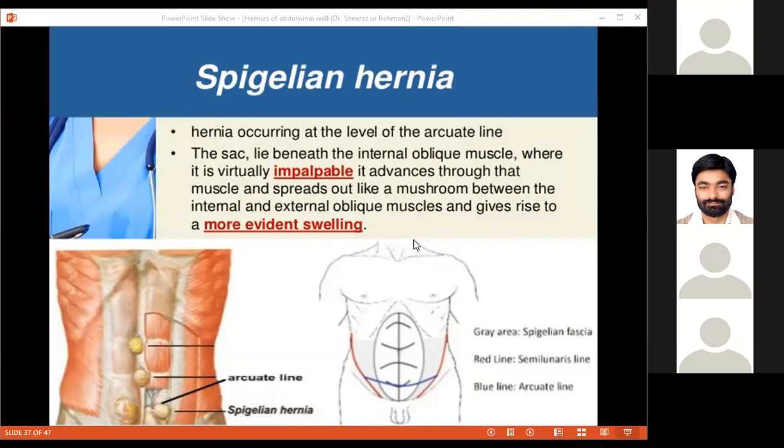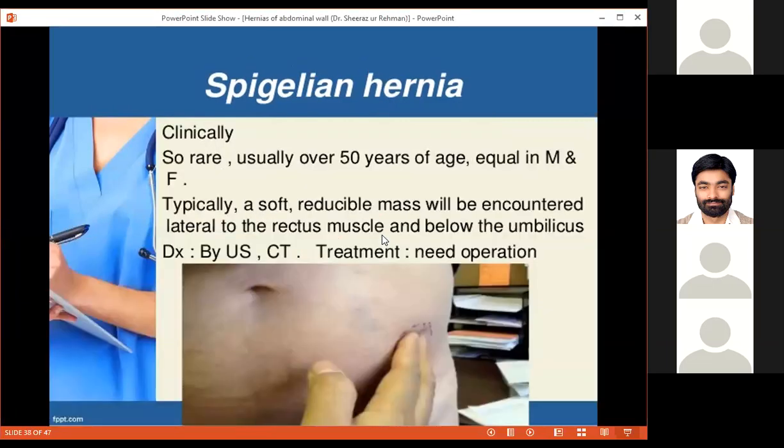So what happens if there is a hernia which forms at the lateral border of the arcuate line? It is called the Spigelian hernia. The Spigelian hernia is not very common, but you might come across one or two patients in your lifetime.